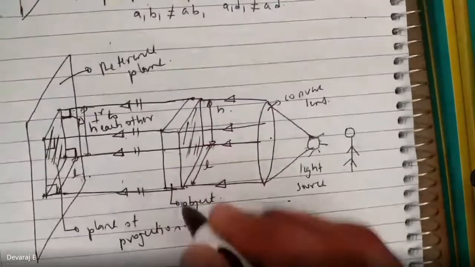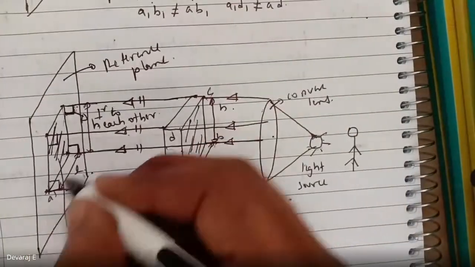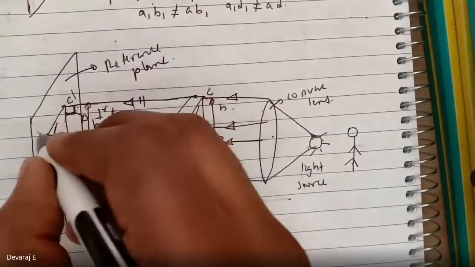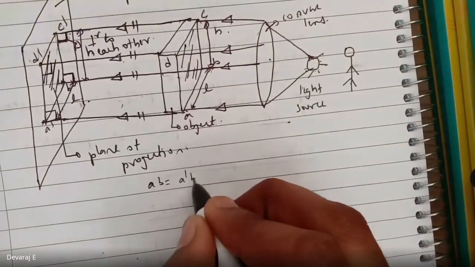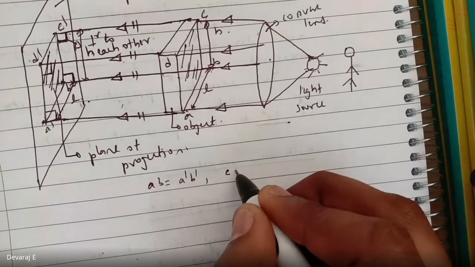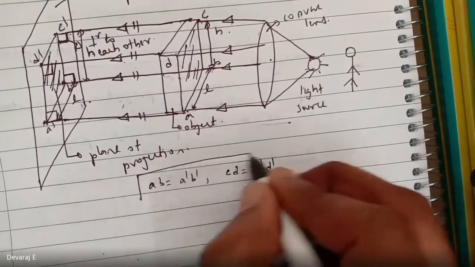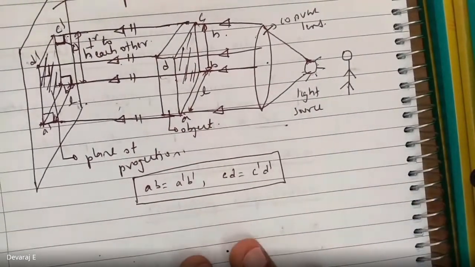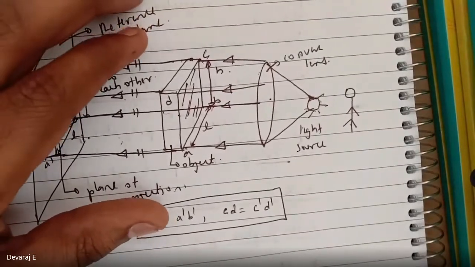That is the difference here. A, B, C, D, and A dash, B dash, C dash, D dash. Here always remember, AB will be equal to A dash B dash, and CD will be equal to C dash D dash. So this is the concept of orthographic projection. Does anyone have any doubt with this?